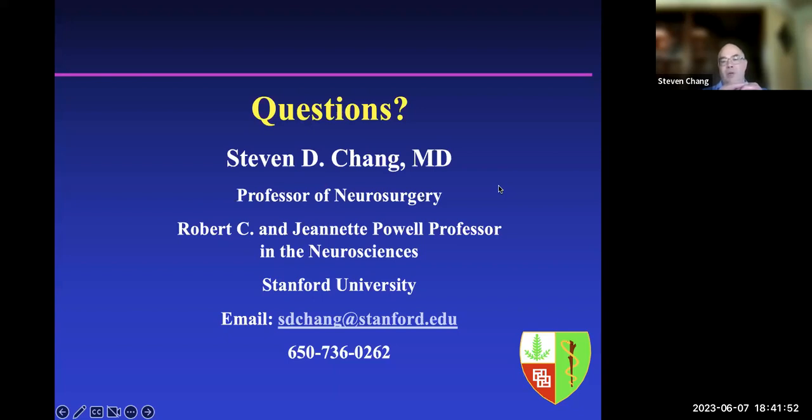The reason why a high volume center is important is that those are the people that have a lot of experience and expertise with managing meningiomas. It takes a certain number of these you have to do each year to maintain your skill set.